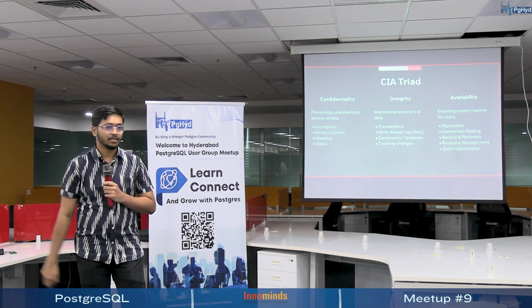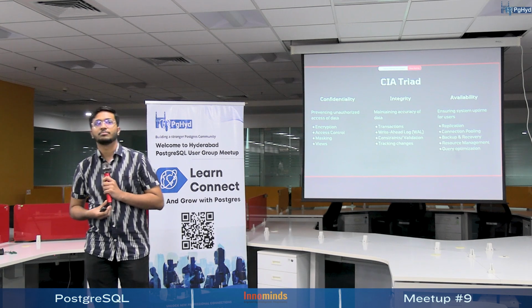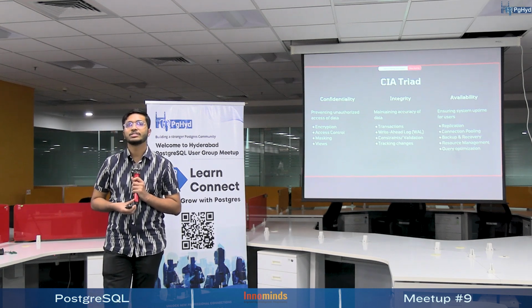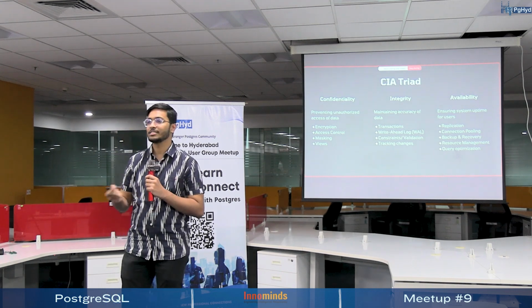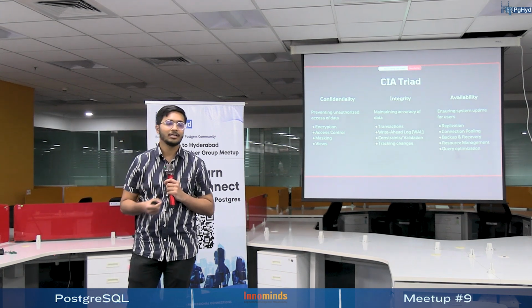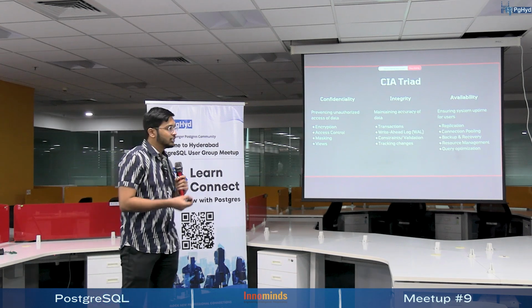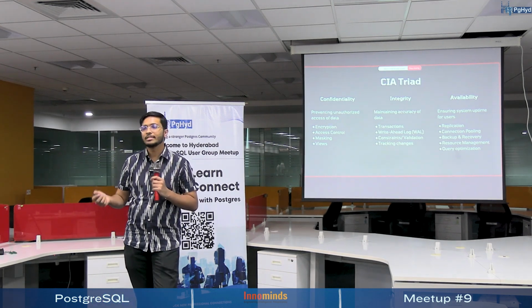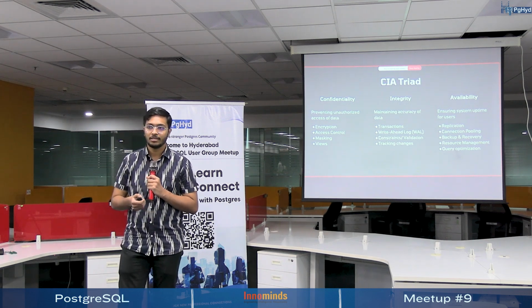So the next slide, CIA triad. CIA triad is a model that we use when we have to think about securing applications. This is not perfect, but it gives us a good starting point. So we start talking about confidentiality, integrity, and availability. Confidentiality says that only the people who are supposed to access something should access it.